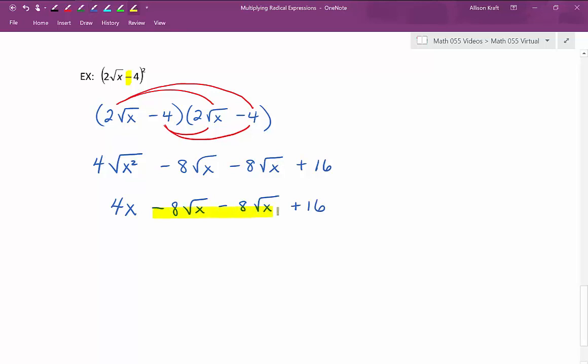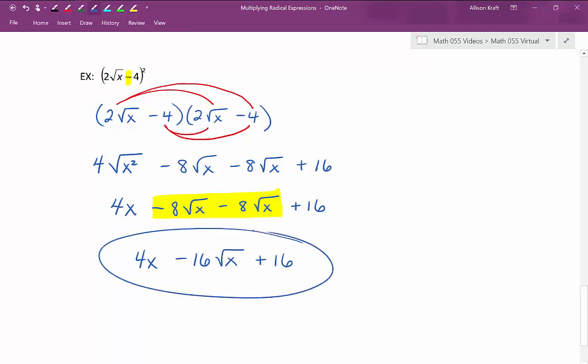We notice that again we have like radicals here in the middle. Negative 8 square roots of x minus 8 square roots of x gives us negative 16 square roots of x. We get a final answer of 4x minus 16 square roots of x plus 16.